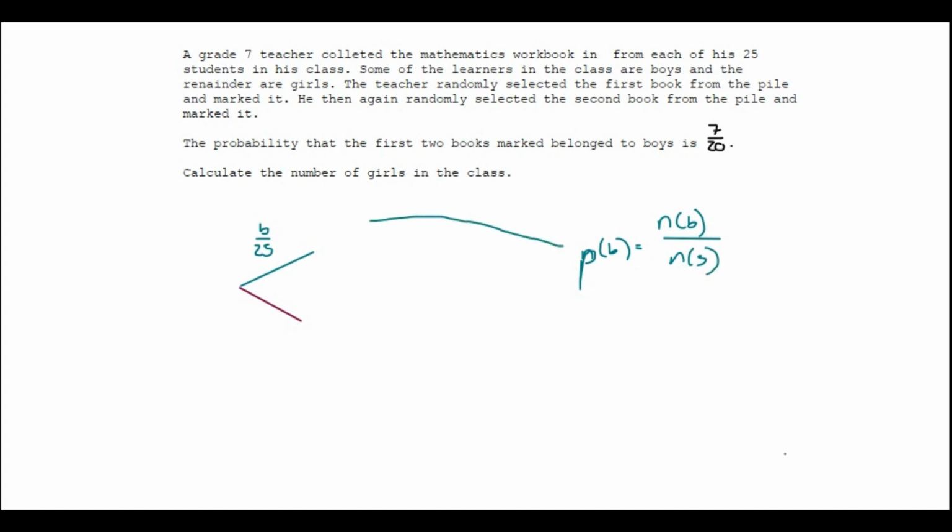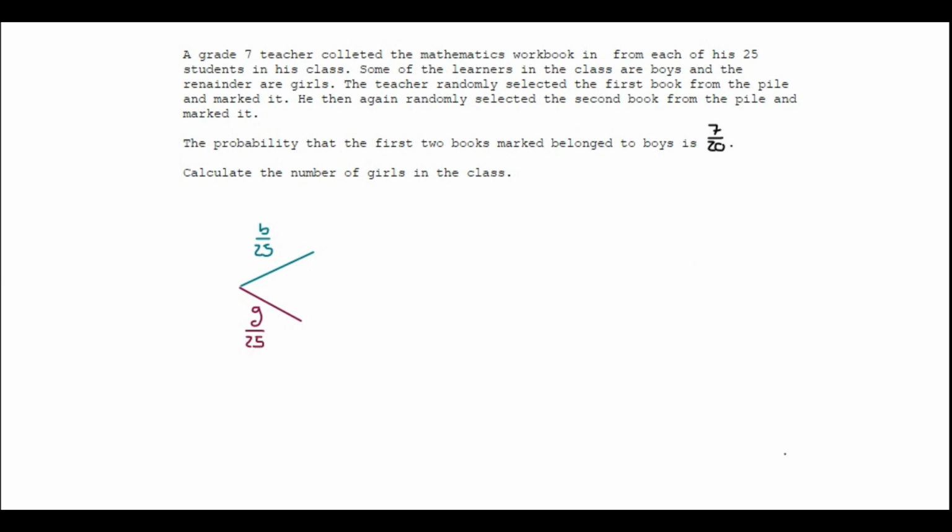That's what we mean by B over 25. Same thing with the girls. What is the probability that we choose a girl at first? Well, that would be the number of girls in the class over the total number, the sample space.